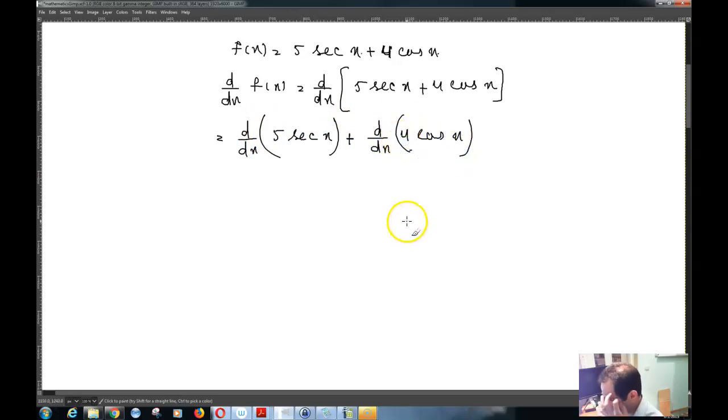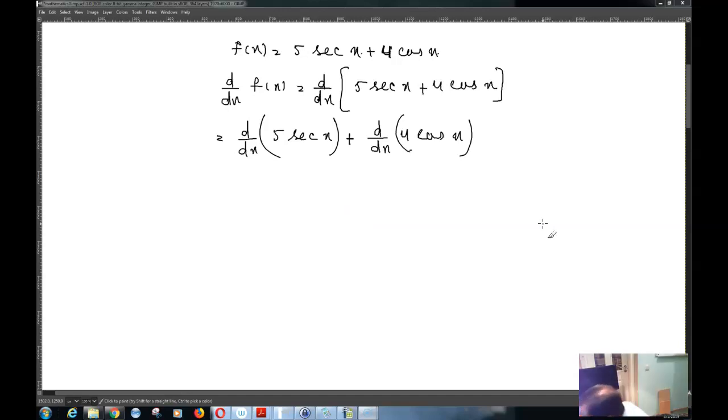Now, if you want to find the derivative of these two functions multiplied together, you can see one of them as a constant function.